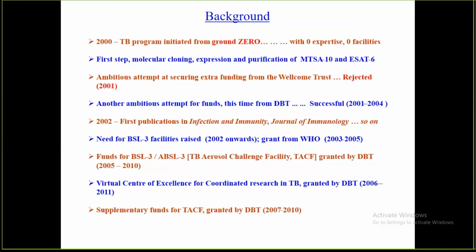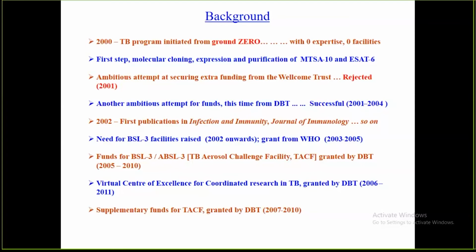We started with cloning a small protein called MTSA10, just with the hope that nobody has studied this, because the paper which talked about MTSA10 was talking about an ORF. And from my own simple knowledge, I knew that when you talk of an ORF, probably you still do not have a real protein in hand. So maybe this is a good protein to start with, and we started with that.